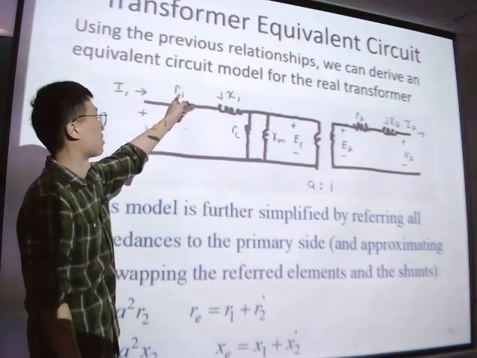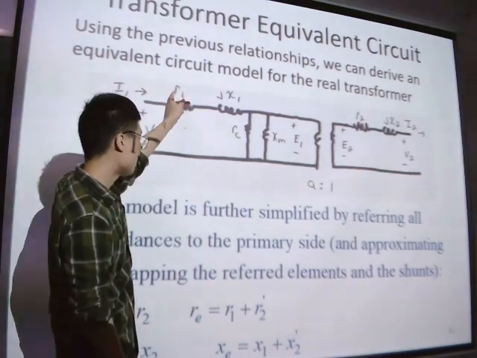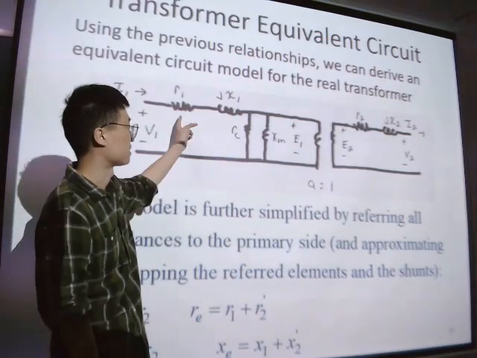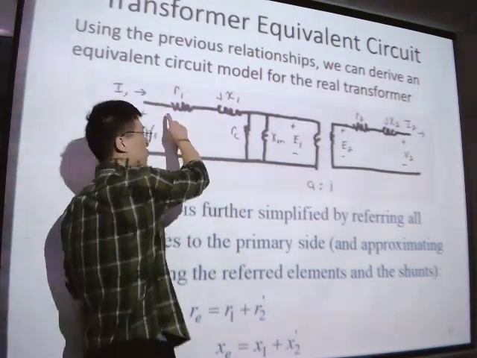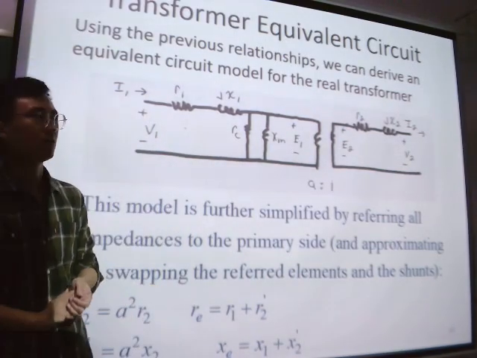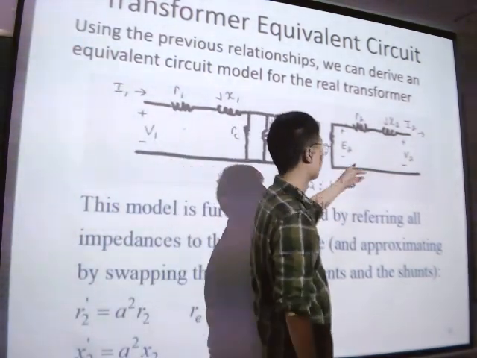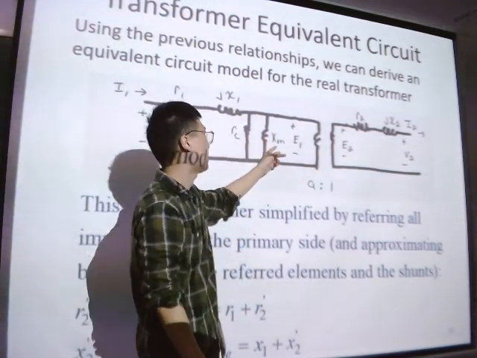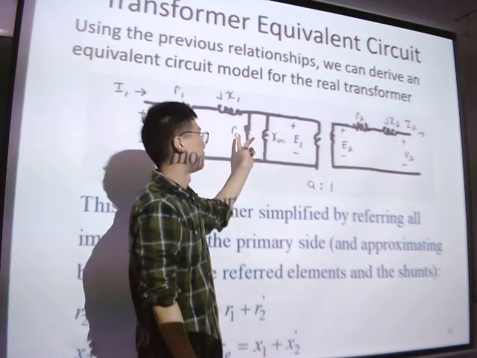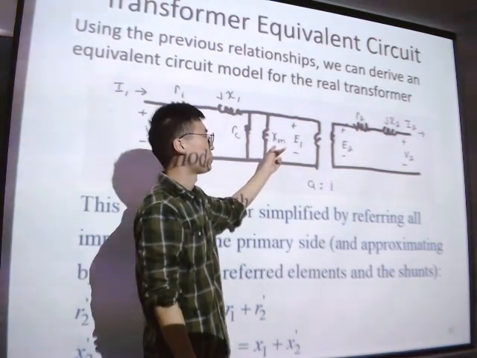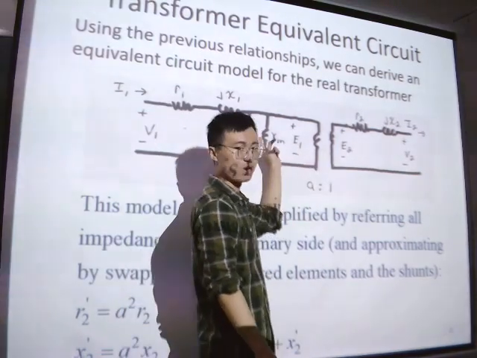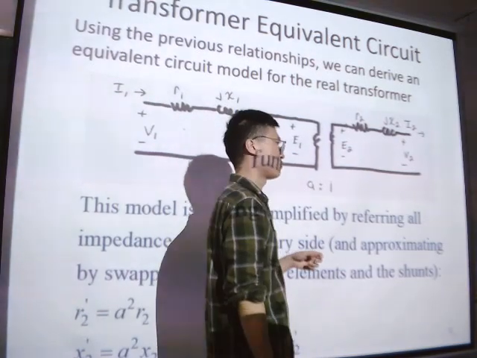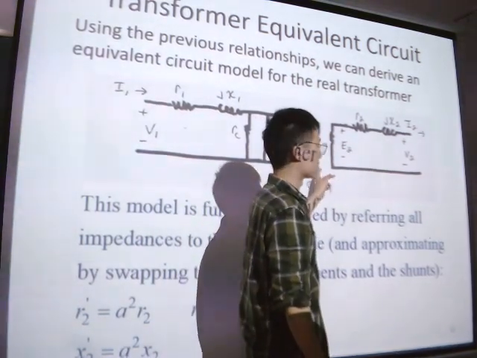And for this, R1 and X1 represent the impedance in the line, okay? Because of the transmission line. So everything is no longer ideal, okay? Also, because we have counted the resistance and reactance of the core on the primary side, there will be no more impedance generated by the core on the secondary side.